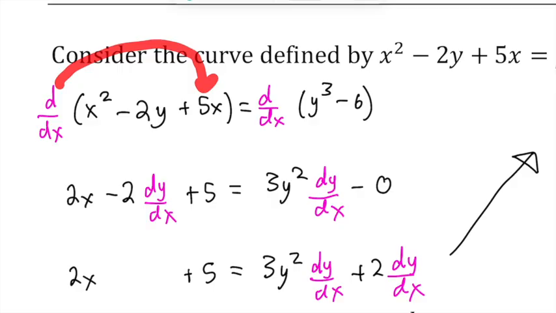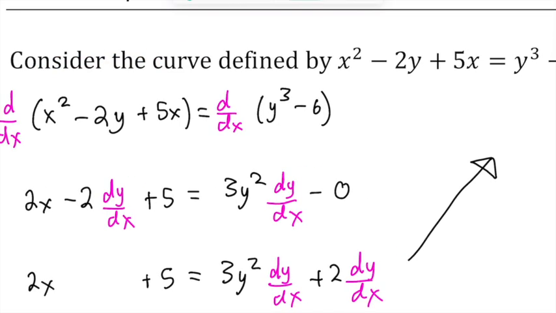The derivative of 5x is just 5, equals, the derivative of y cubed: the 3 comes down out front, subtract 1 from the 3 to get 2, so it's 3y squared, and since we took the derivative of y, you write dy/dx by the chain rule. And then minus a constant, whose derivative is 0.